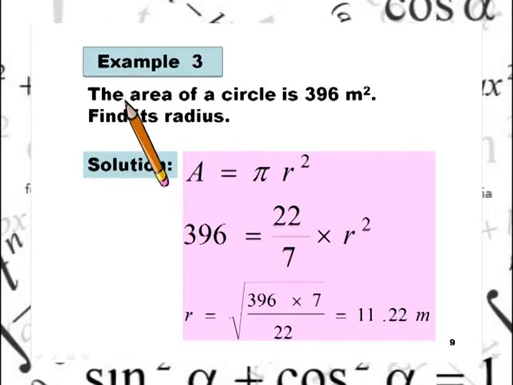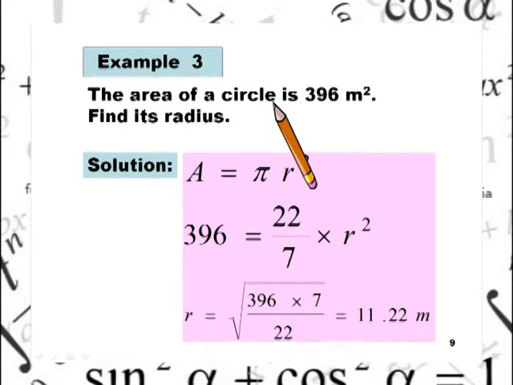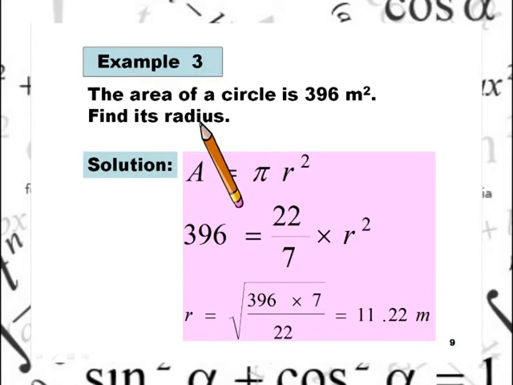Example 3. The area of a circle is 396 meters square. Find its radius. Solution. A equals pi r squared. 396 is equal to 22 over 7 by r squared.